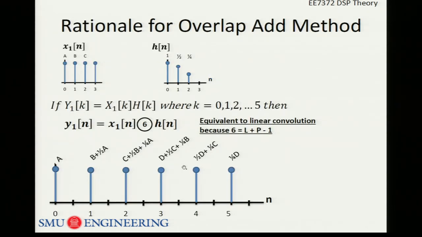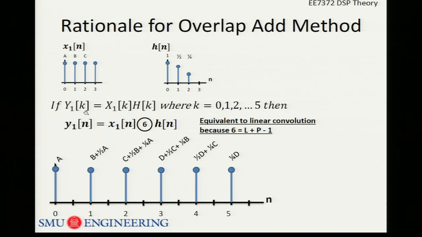So if we remember, how does this work? Well, let's take it one step at a time. Our first section is our first group of signals, our first little group of A, B, C, and D. The D somehow disappeared on us, but it's there. And we're going to convolve that with h of n, and we want a linear convolution.